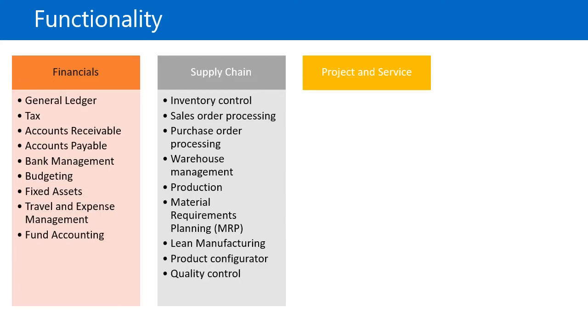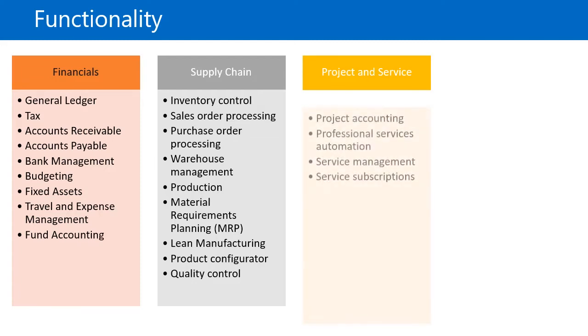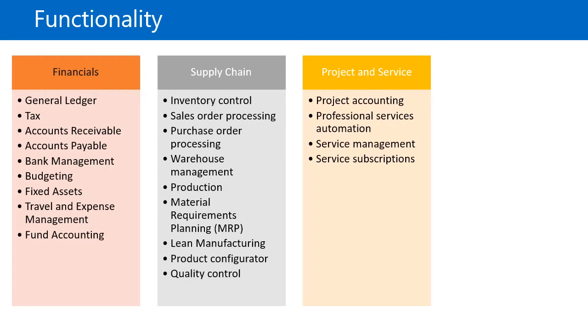Project accounting provides a strong platform to help companies effectively administer projects and achieve the results they want. Some of the basic capabilities of project and service functionality include project accounting, professional services automation, service management, as well as service subscriptions.